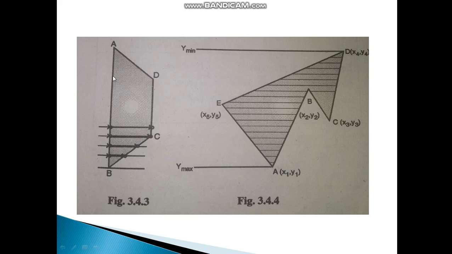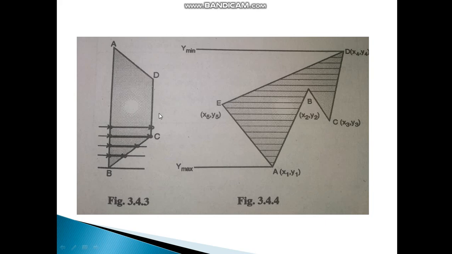So the edge BC is discarded and we select the next edge, which is CD, and continue the process. Now we find the intersection points of the scanline with edges AB and CD and then join them.